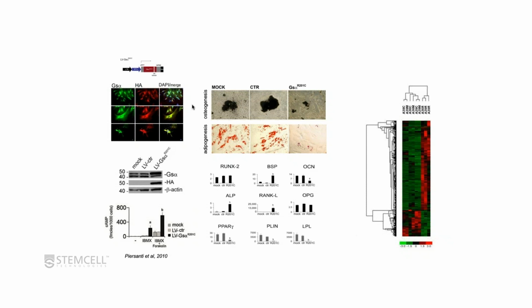This in vitro model of fibrous dysplasia has been generated by transducing skeletal progenitors and stem cells from normal donors with a GS-alpha R201C mutated sequence, with a lentiviral vector carrying this mutated sequence. The idea here was to generate a large amount of mutated skeletal stem cells and progenitor cells.